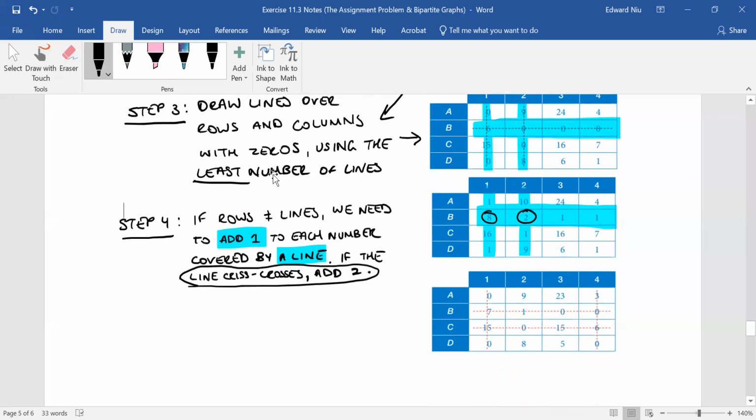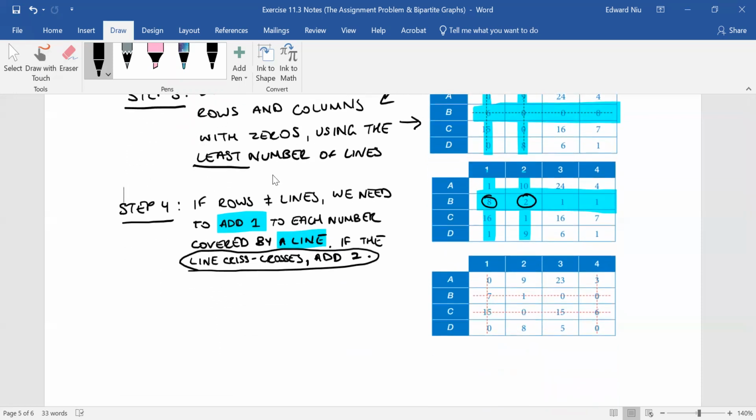Cool, so this is the start of the Hungarian. We've added all the line covered numbers with 1 and 2, if it's been covered by a singular line or 2.